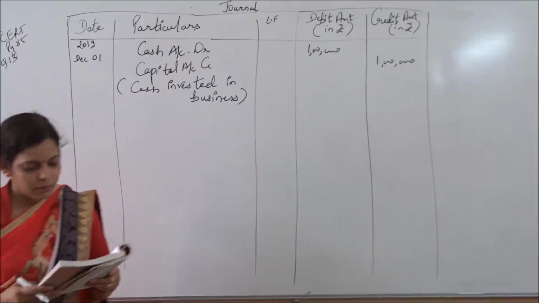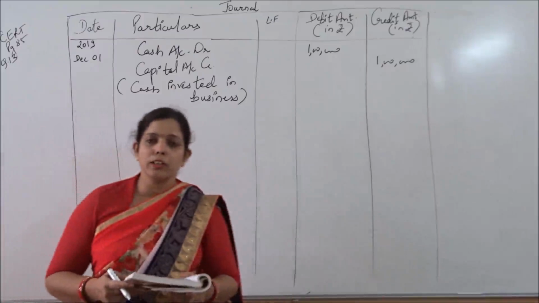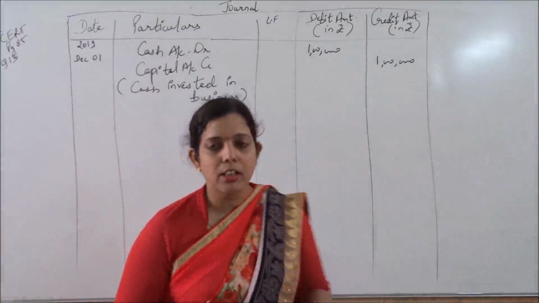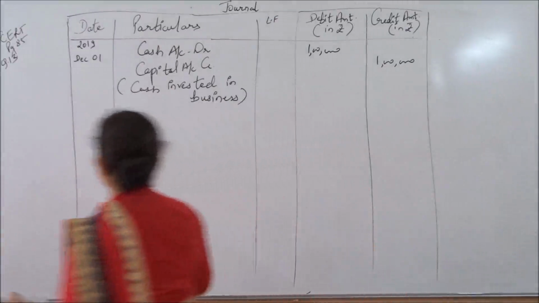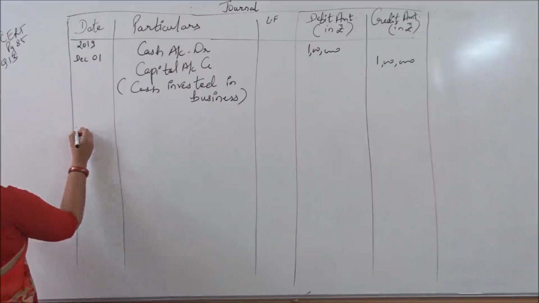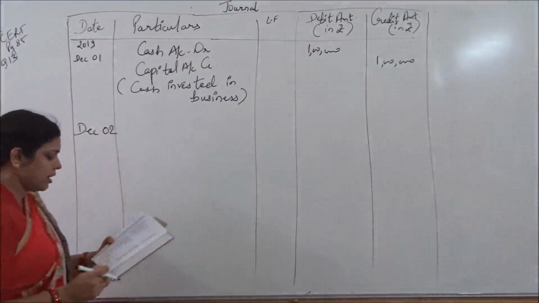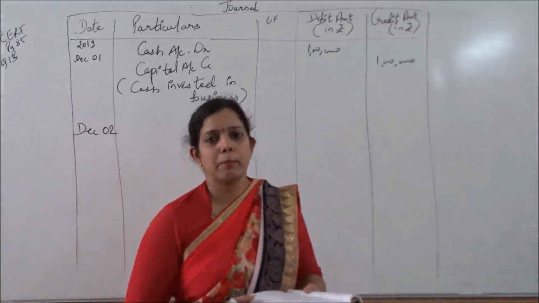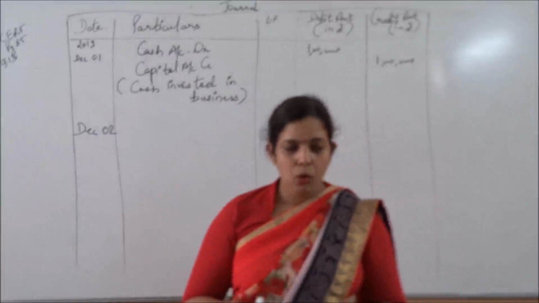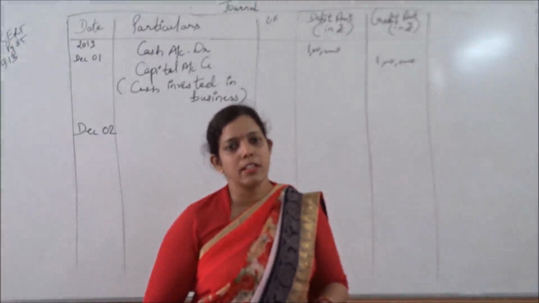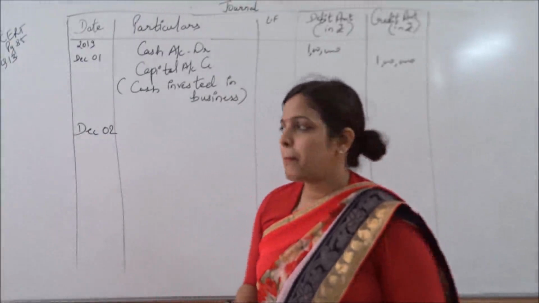December 2nd, open a bank account with SBI rupees 30,000. Open a bank account with SBI. December 2nd. Whenever any account is opened in the bank, whether it is SBI or any bank, entry will be जब बैंक में पैसा गया.